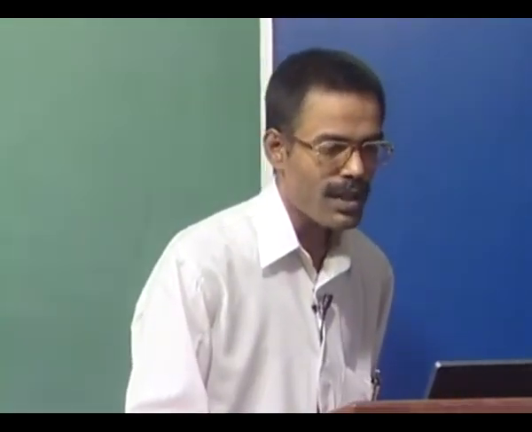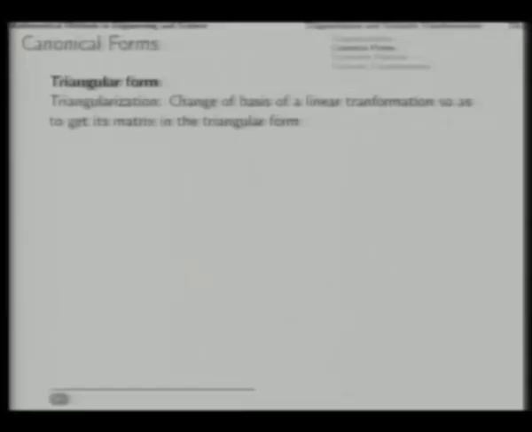Now, special significance of triangular form arises from the triangularization, which is always possible. What is triangularization? Triangularization of a matrix or of a linear transformation is basically the change of basis of the linear transformation in such a manner that its matrix is in the triangular form.